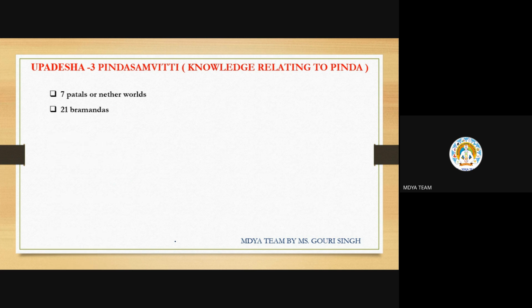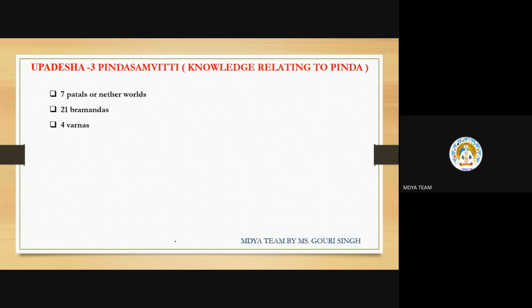And 21 Brahmandas are also there, because what is present in the world is also present inside. By relating to this, the 3rd chapter goes on describing the things present in the world. Saptapatalas are there. In the same way, the Saptapatalas are also present inside our body, and 21 Brahmandas are there. 4 Varnas are there.